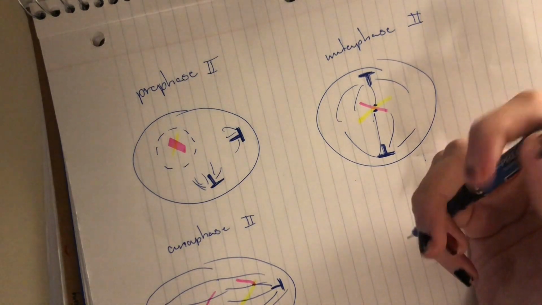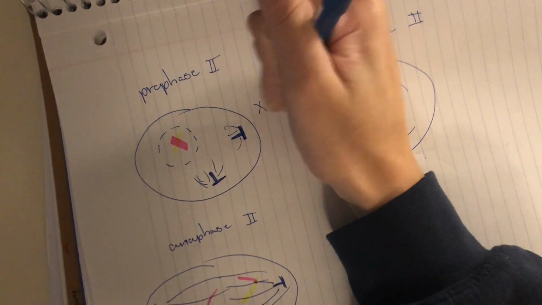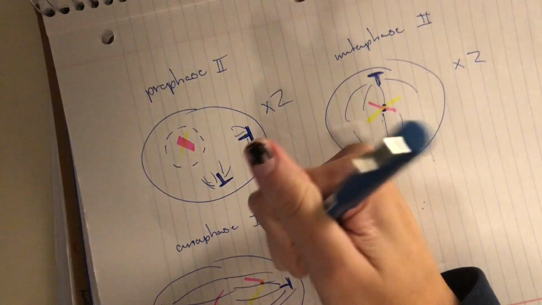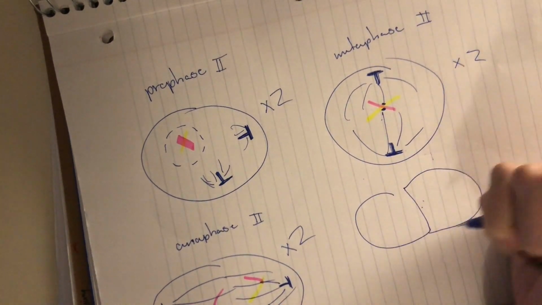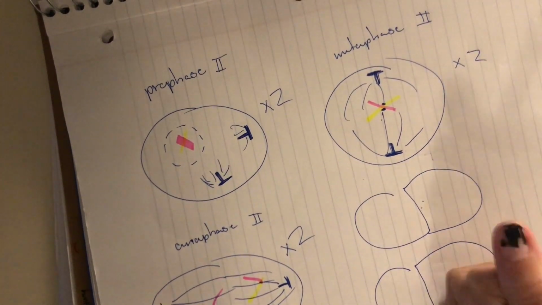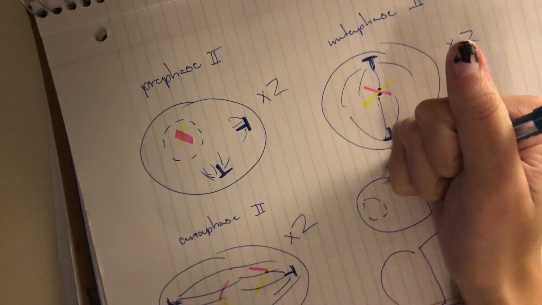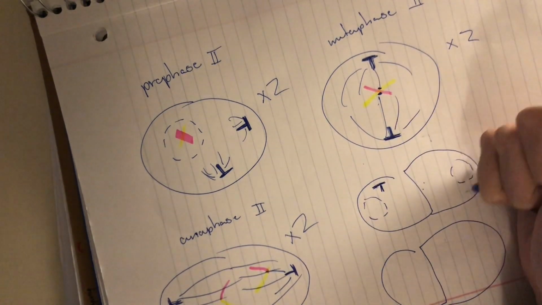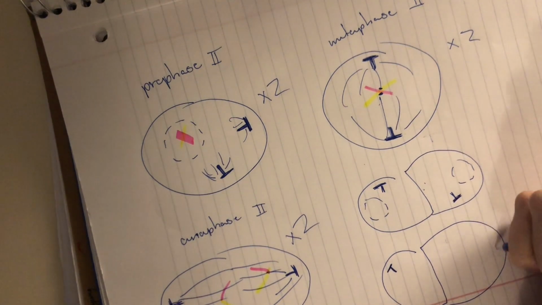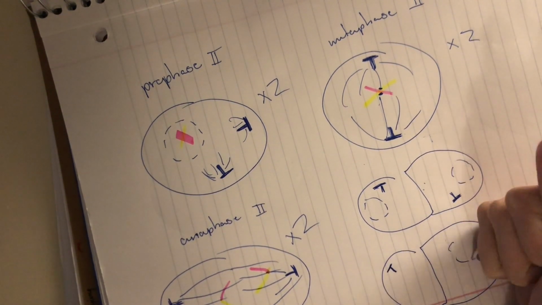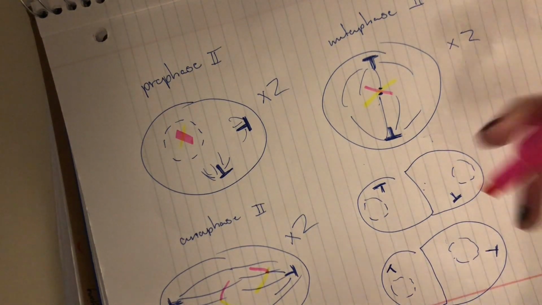And then telophase 2 and cytokinesis, same thing. However, again, this is all happening times two. So really, I'll show it in this one. We've got our nuclear envelope forming, our centrosomes, and our cleavage furrow that forms during cytokinesis.